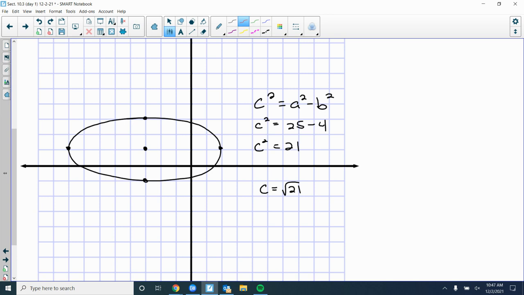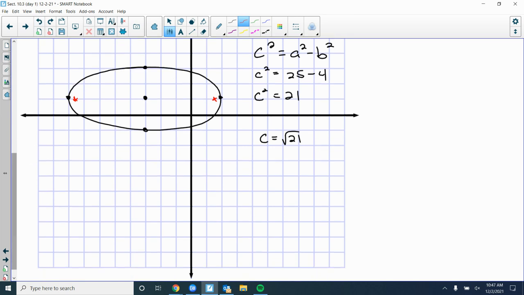Well, approximately what's the square root of 21? 4.58. So I'm going to go 1, 2, 3, 4, and then 5/8, and now 1, 2, 3, 4, and 5/8. When you're listing the foci points, you can keep it in terms of the exact value, the square root of 21.